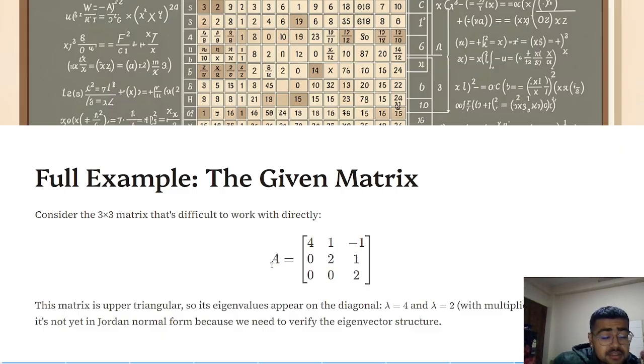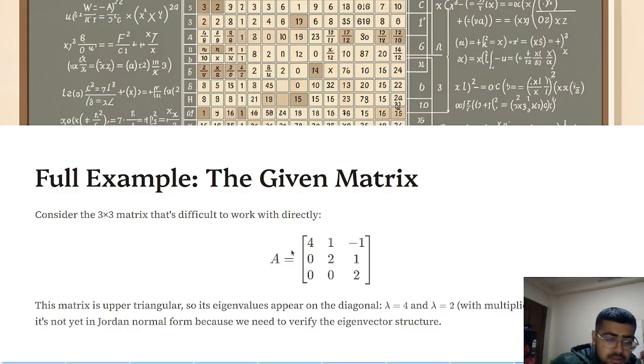And the change of form is done by calculating eigenvalues, calculating eigenvectors, and the Jordan block is formed based upon how many independent eigenvectors there are. The diagonal elements in a Jordan block represent eigenvalues, and if there are the same eigenvalues and they represent the same eigenvector, the one appears in the super diagonal element.